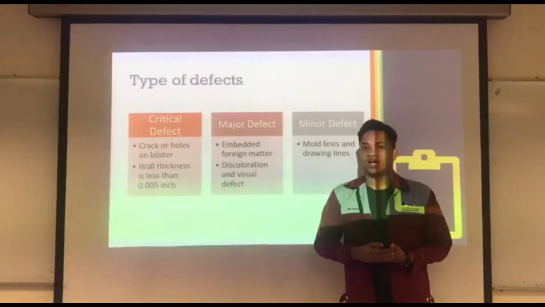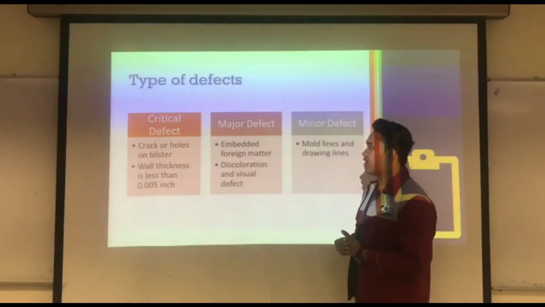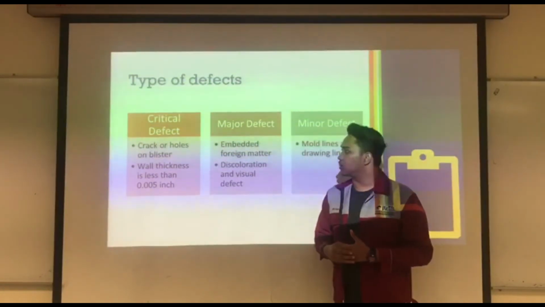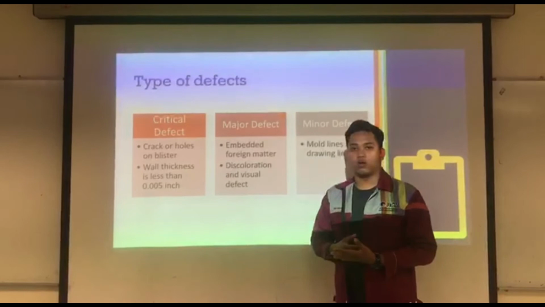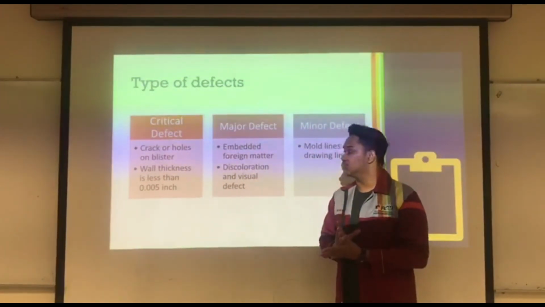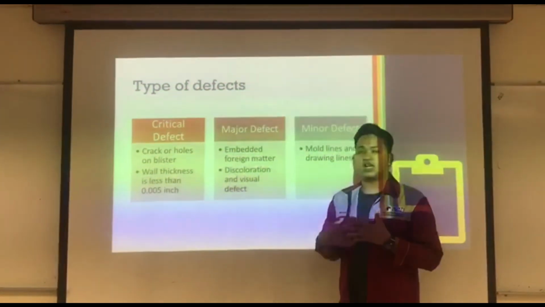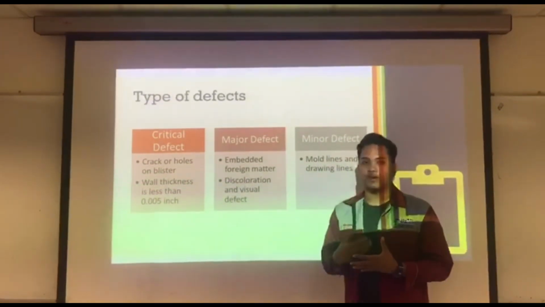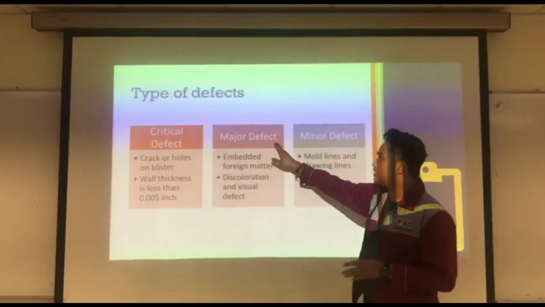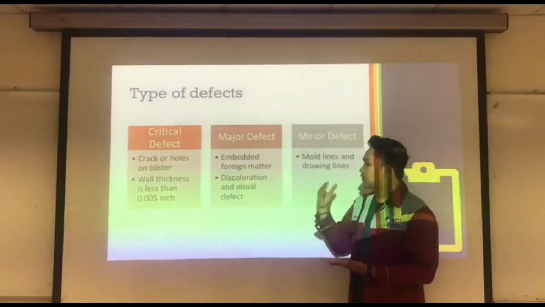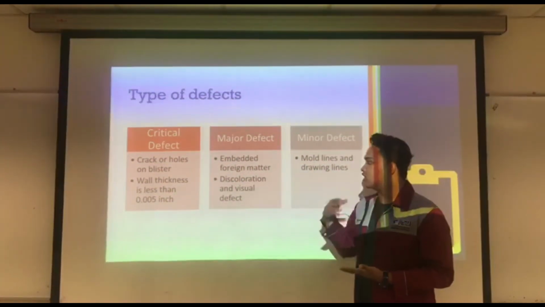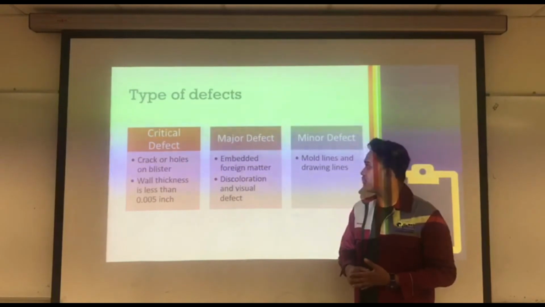Next. So this is the type of defect. Firstly, critical defects, like crack or hole on the blister, wall thickness less than 0.005 inch. The major defects are embedded foreign metal, discoloration and visual defects.